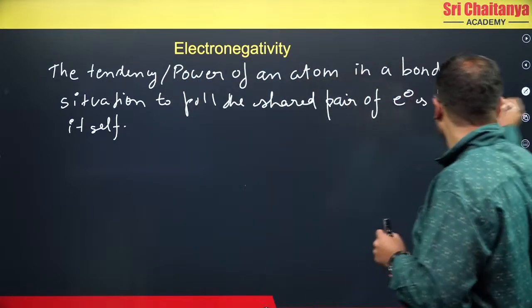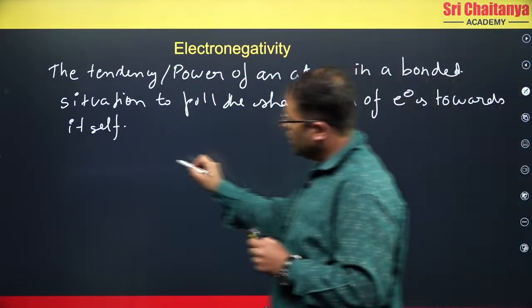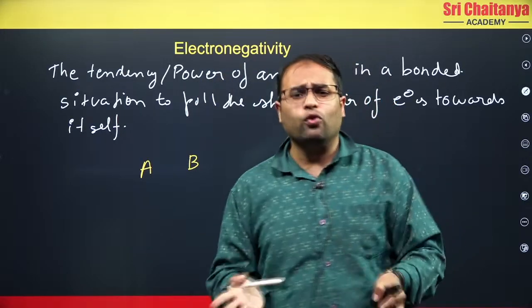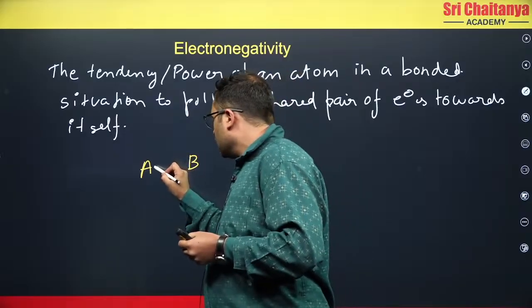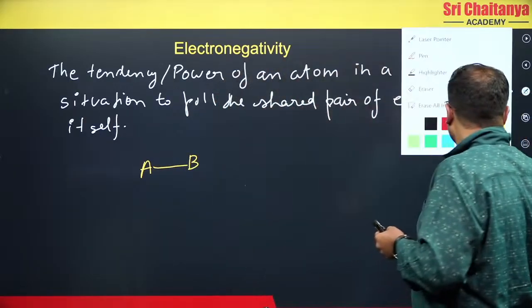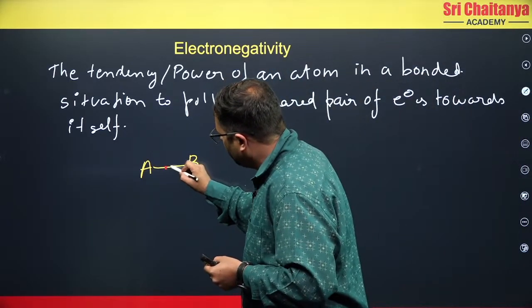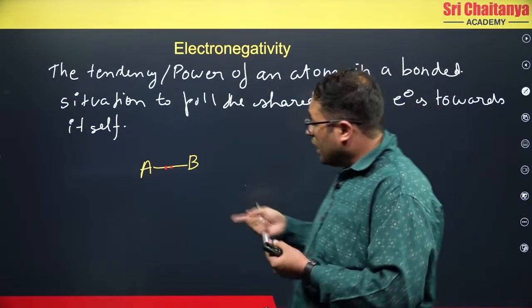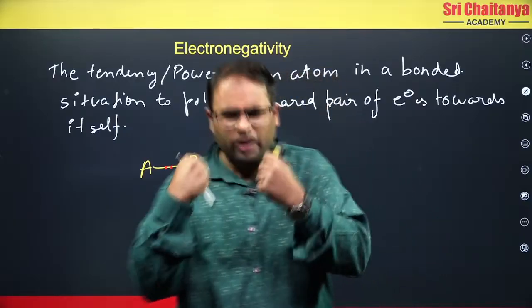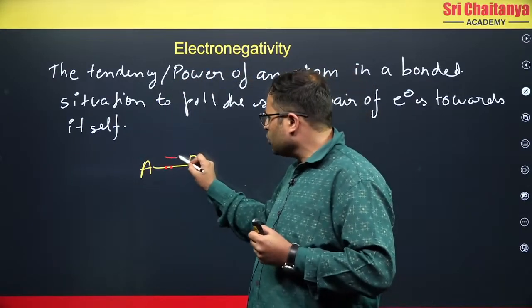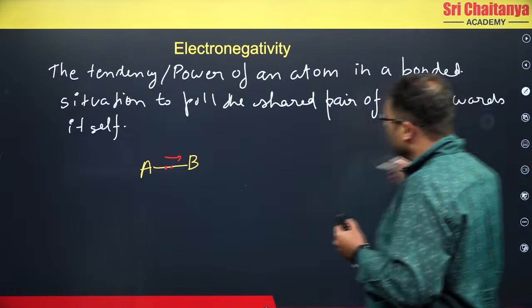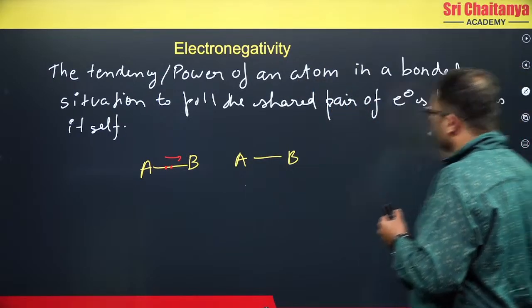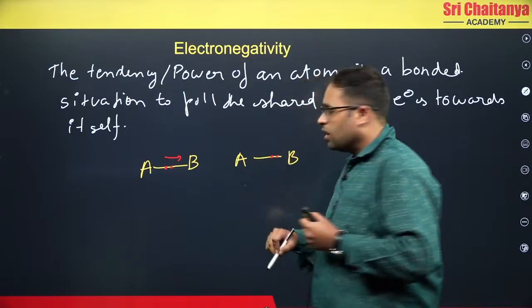What I am trying to say is that suppose I have here A and B. Normally, if it is a pure covalent bond, what will happen? These two electrons which are being shared will be in the middle, right? Exactly in the middle. But what if this B has more power to pull electrons? So it will pull electrons towards this side. Now how will the situation be? The electrons will be closer to B, right?